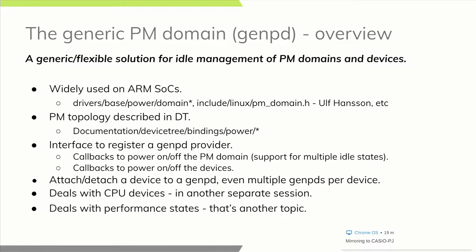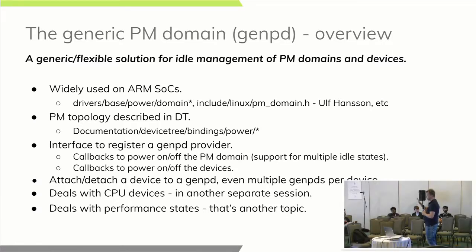So what it does is that if you have these complex topologies where you have devices being hooked up to various levels in the hierarchy, you can describe all that in device tree, and you can say that this device belongs to this PM domain and this device belongs to this PM domain, and you can even have a PM domain saying that my PM domain is a subdomain of that PM domain.